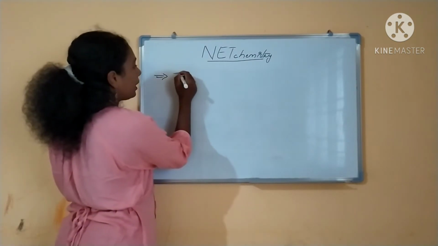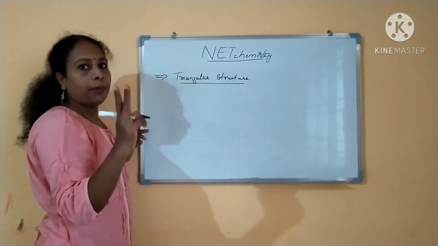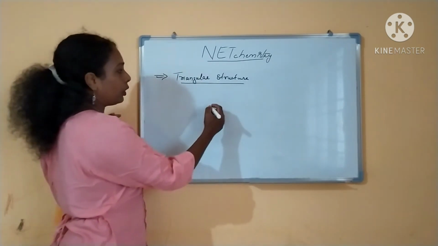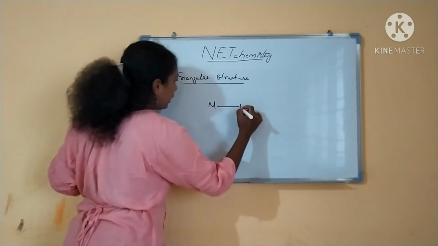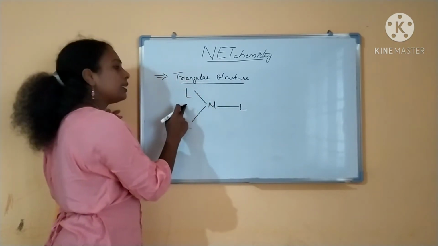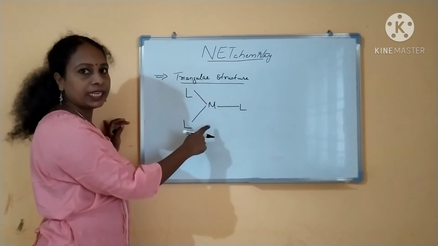Next one is the triangular structure. In the linear environment 2 ligands were there, now in the triangular structure 3 ligands are there. So metal and ligands. This is a triangular structure. If you see, there are no Z ligands, right?